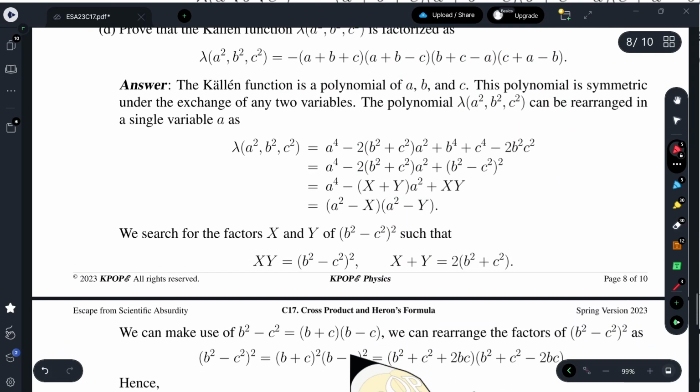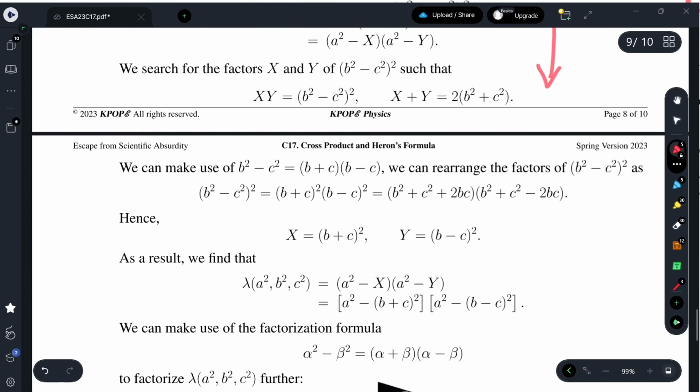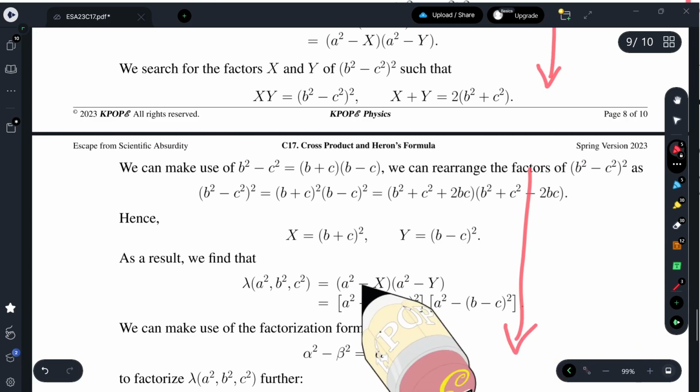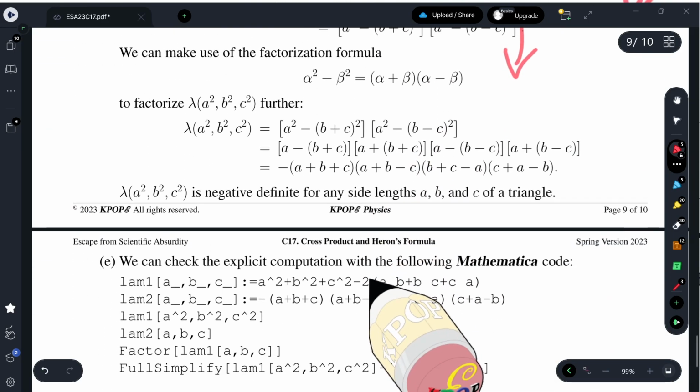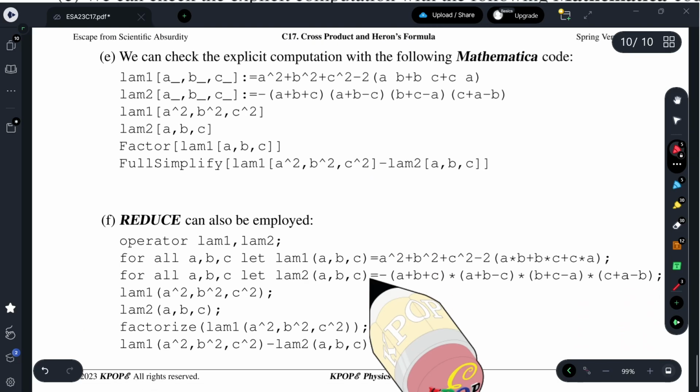In middle school and high school, you trained a lot to expand and factorize, so I believe you can follow this calculation. But you'd like to also check it by using a computer, it's a fun.